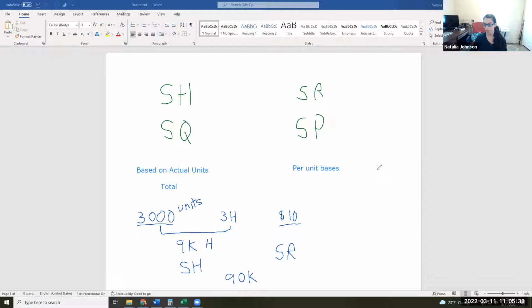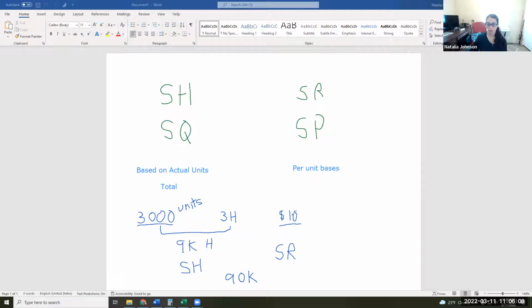So for Denise and Laura, who just joined, we're talking about the standard hours and the standard quantity versus the standard rate and the standard price. Standard hours or actual hours are based on the total actual units that they sold. So if they sold 3,000 units and it takes 3 hours to make 1 unit, the standard hours will be 9,000 hours, while the rate and the price are only per unit.